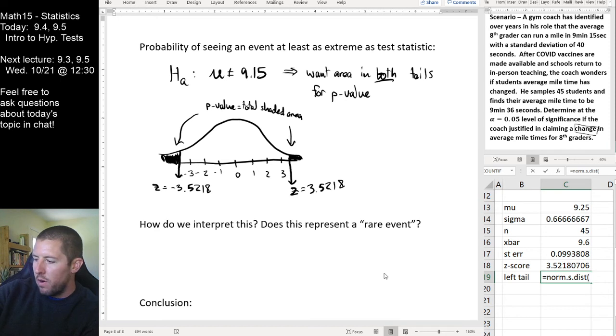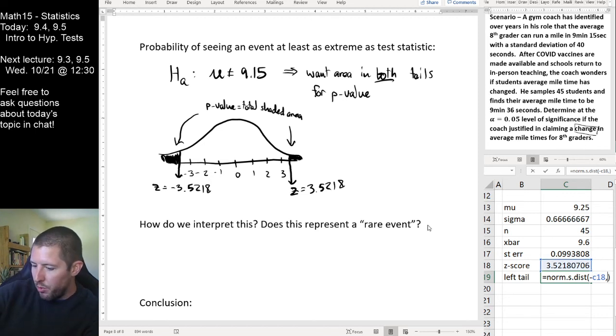What is my z-score? It's the negative of my z-score, negative of C18, right? Notice here I'm sticking this negative on because I want the area to the left of negative 3.5218 or the area to the right of positive 3.5218, but they should be equal, so I'm just doing the one that's slightly easier for me.